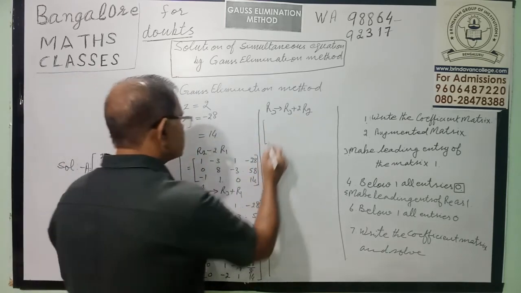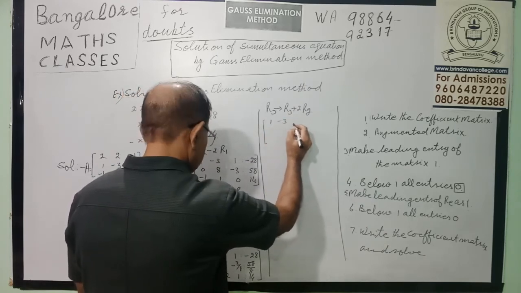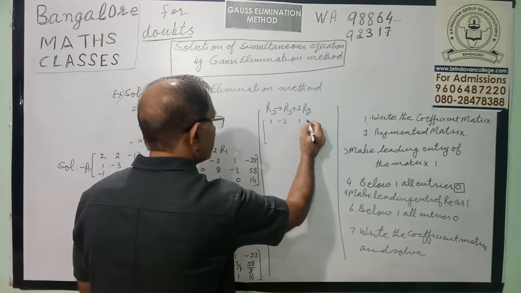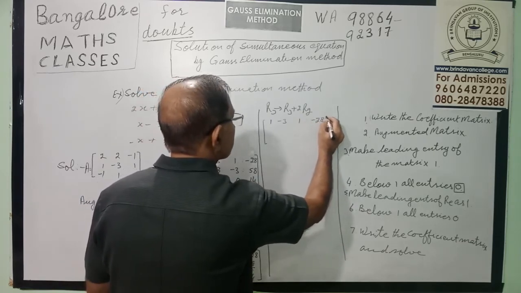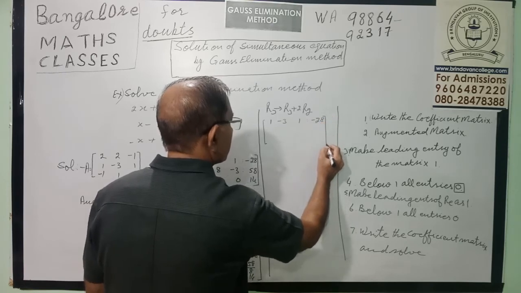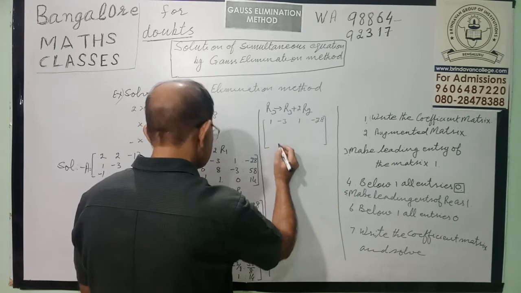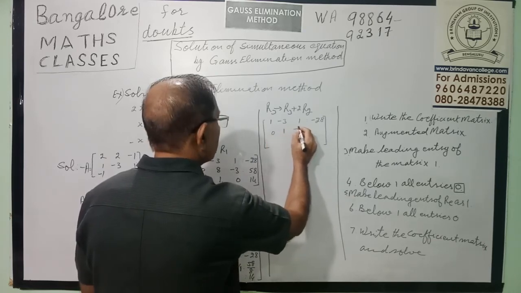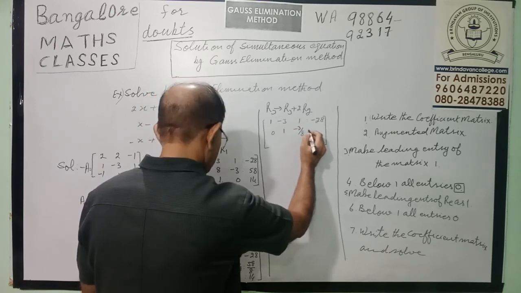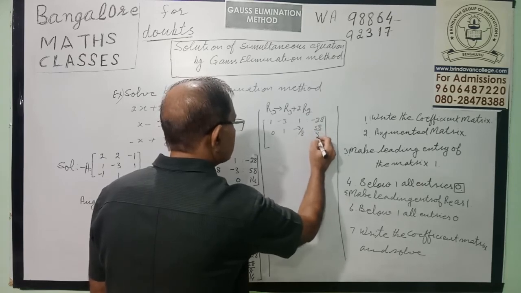R1, R2 as it is. 1 minus 3, 1 minus 28. 0, 1, minus 3 by 8, augmented 58 by 8.